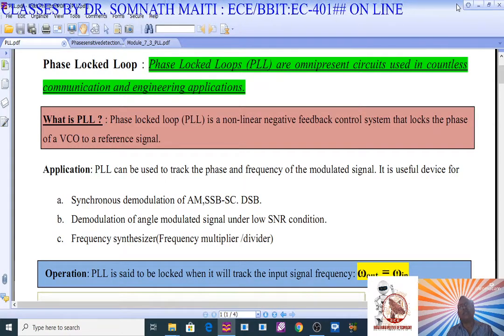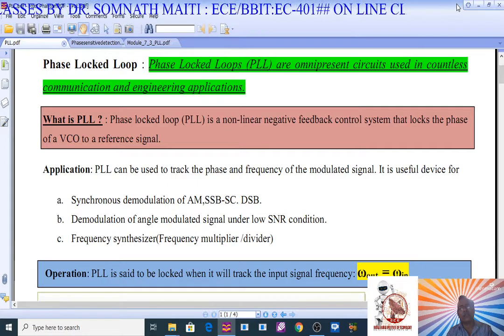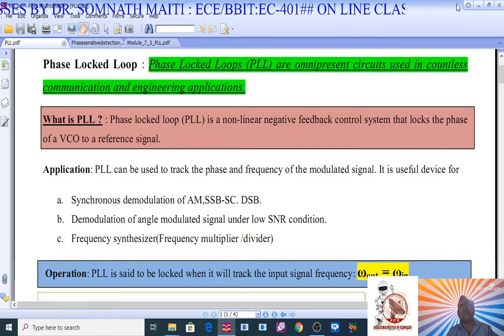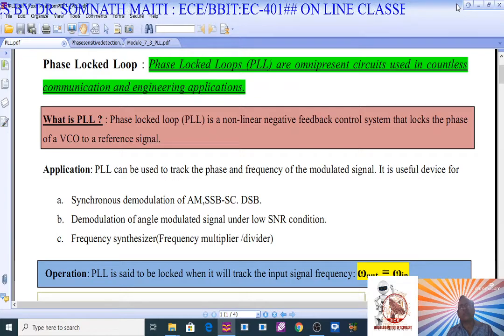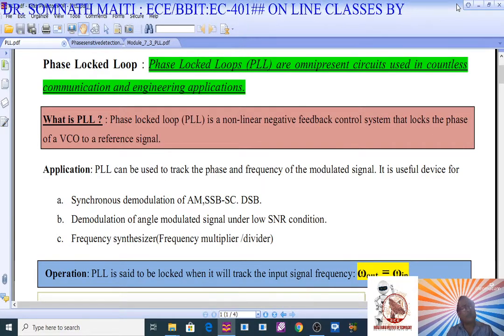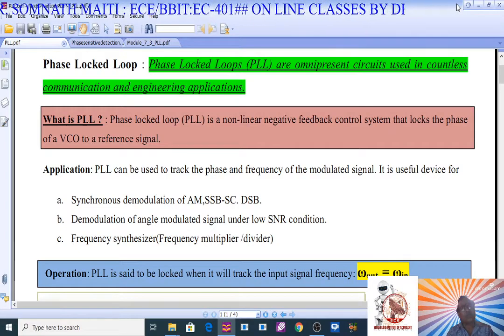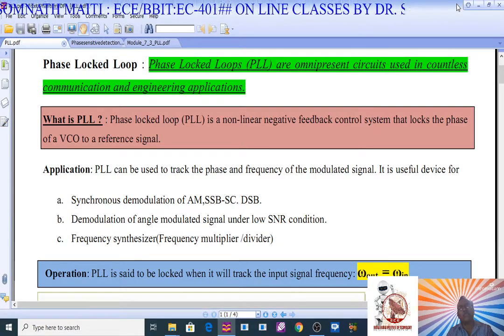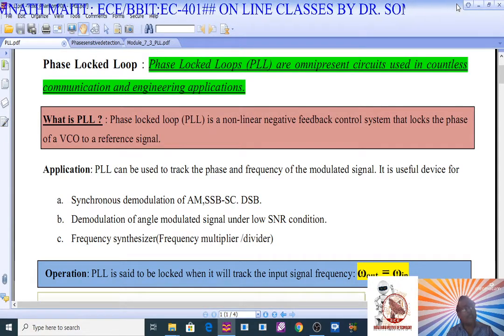Under low signal to noise ratio conditions, the PLL is much more effective than a discriminator. So this is one of the important reasons for the widespread use of PLL.